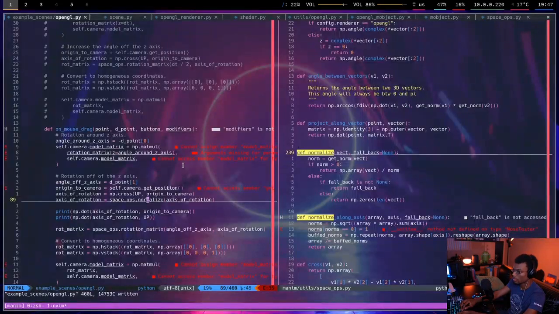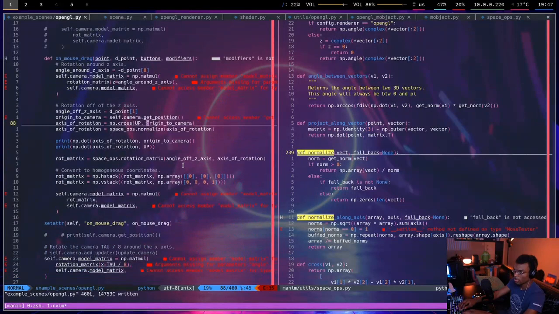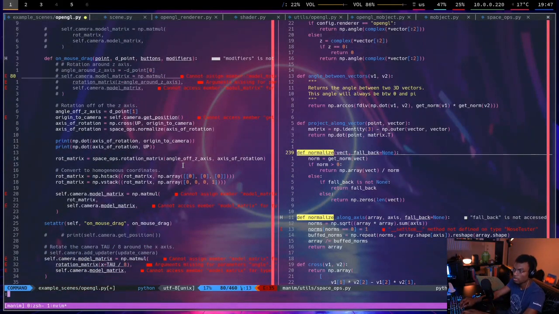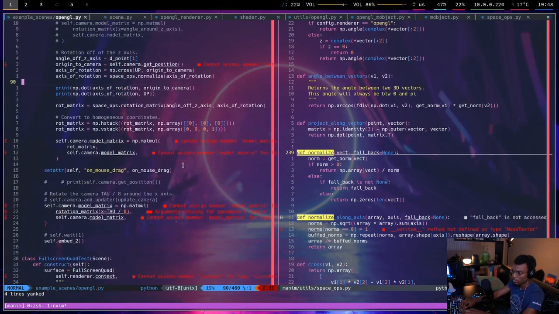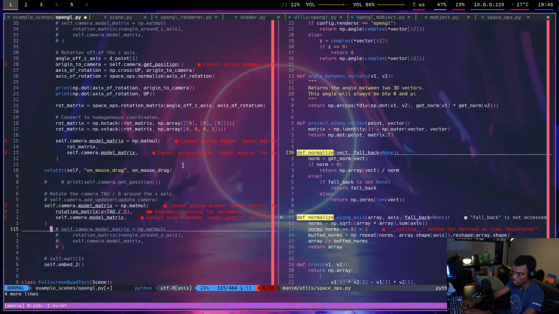Here's what I'm gonna try. Comment out the rotation around the z-axis. Then I'm gonna rotate it around the z-axis manually. So here, I rotate it around the x-axis. Here, I'm gonna rotate it around the z-axis.